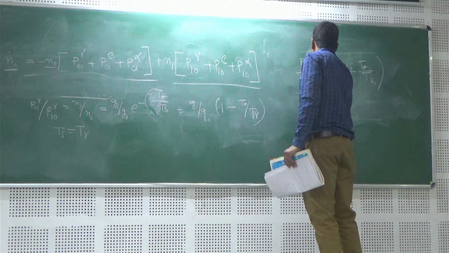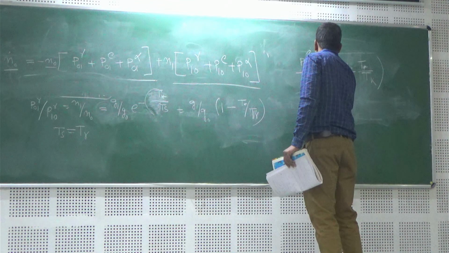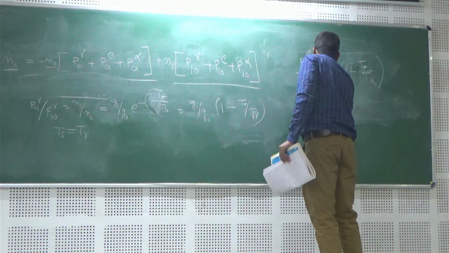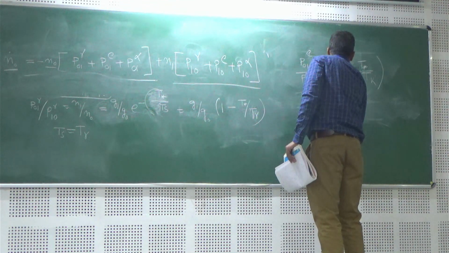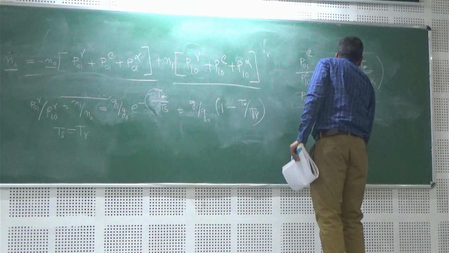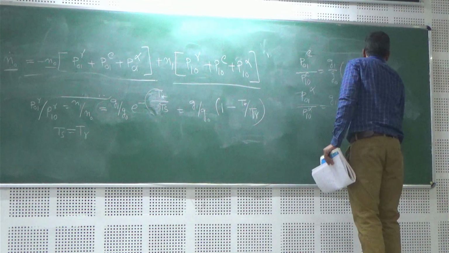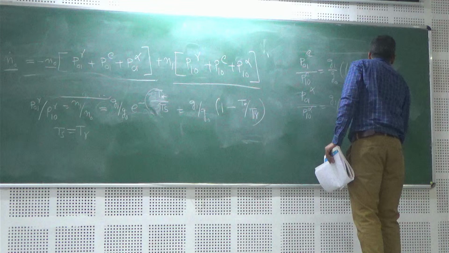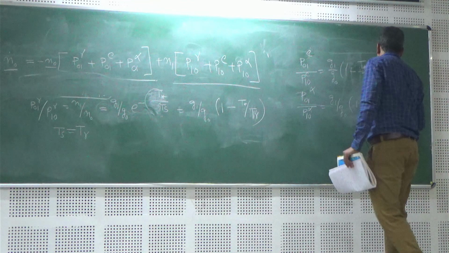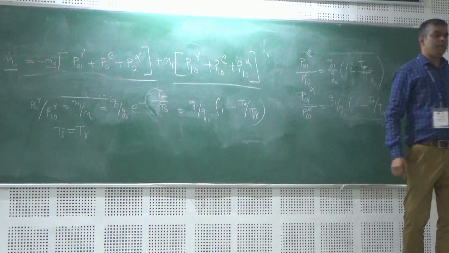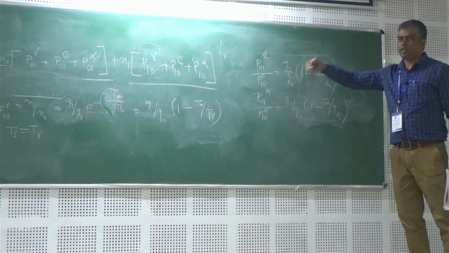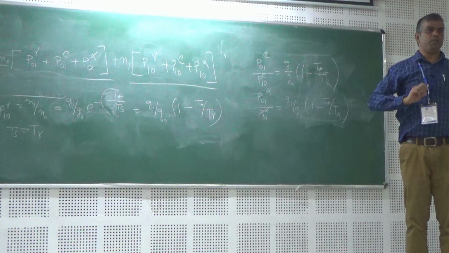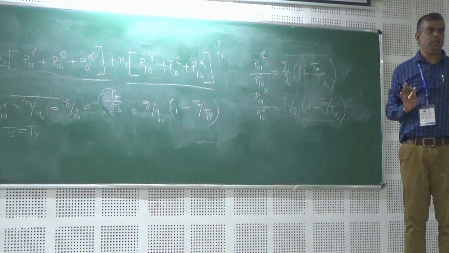Similarly, P01 Lyman alpha by P10 Lyman alpha is equal to G1 by G0 times 1 minus T star by T alpha, or T color, alpha color temperature. So these are the three characteristic temperatures when you consider each process individually.